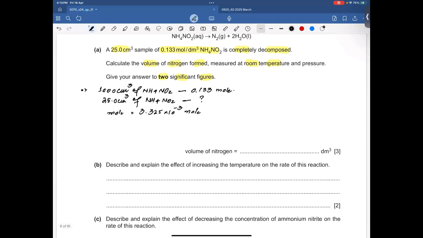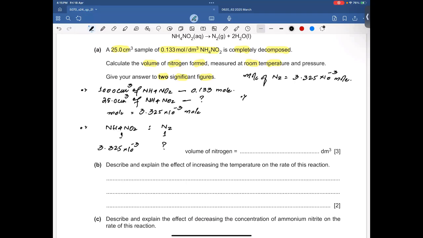According to the equation, we have ammonium nitrite and nitrogen in a 1:1 ratio. So if we have calculated 3.325 into 10 to the power minus 3, I expect we have the same moles of nitrogen also, 3.325 into 10 to the power minus 3 moles.